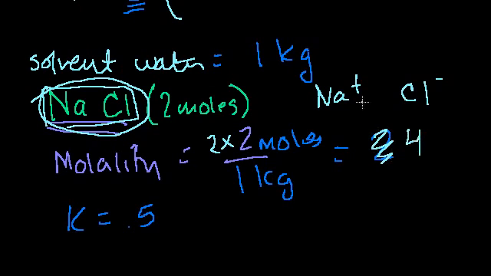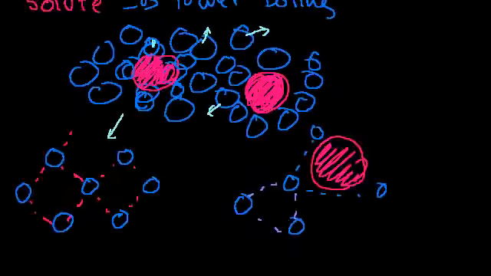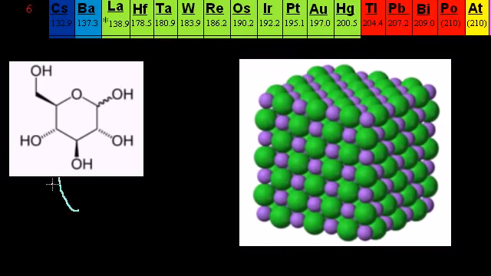If I was dealing with, and I wrote it here, this right here is glucose. And this is sodium chloride, or at least sodium chloride in its crystal form. You can view one of these little pairs as one molecule, or one salt of it. But the interesting thing is you could have the same number of moles of sodium chloride, as a compound, and glucose.